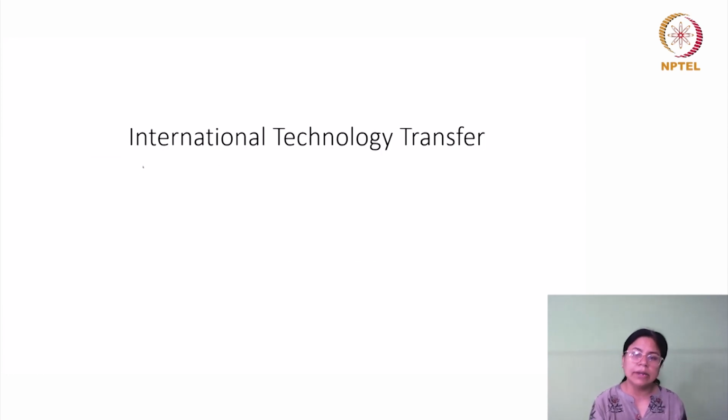Next, we talk about international technology transfer. Now, this concept of international technology transfer became very popular towards the end of the 1960s, and a lot more discussion began in the 1970s. The idea was that at that point of time, most technology sources were concentrated in a few countries, and within those countries in a few companies.